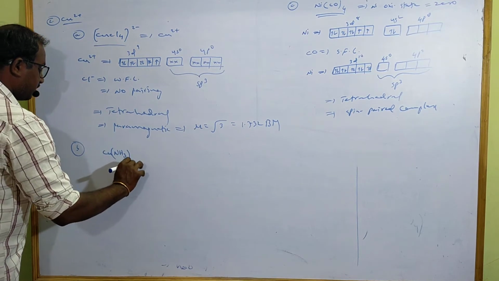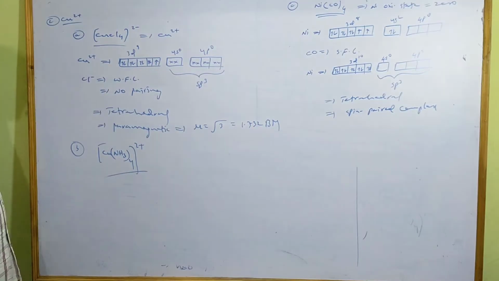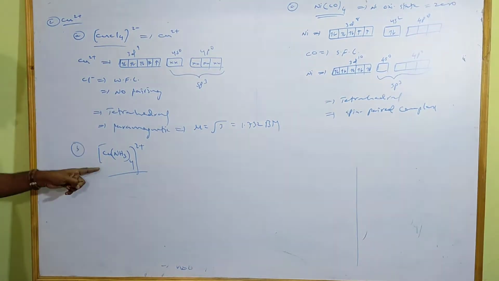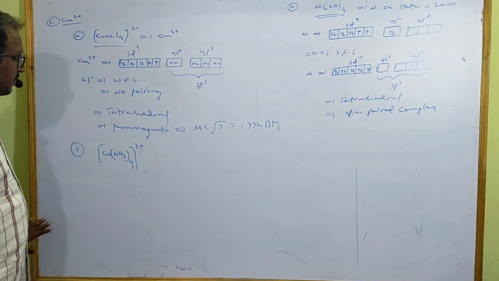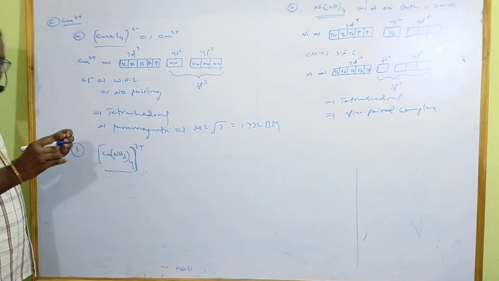Next, B, Cu(NH3)4 2+. Very, very important example. I have seen this example in many papers. In the future also we can expect a higher probability of this example, because a little bit of variation is there.